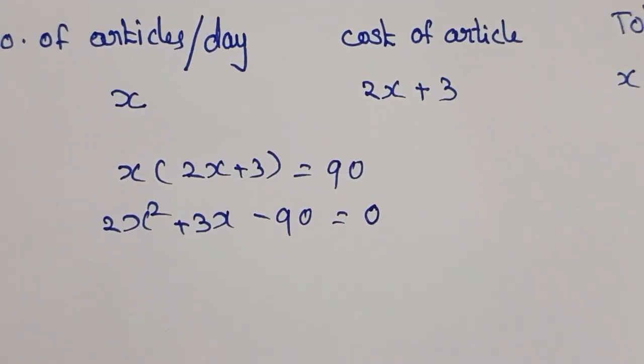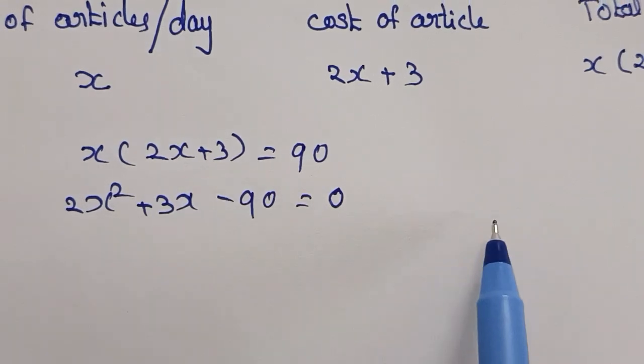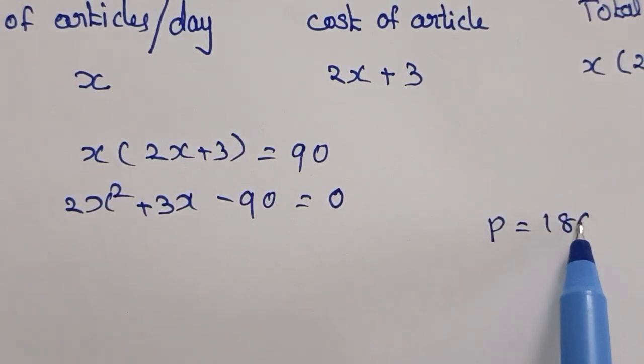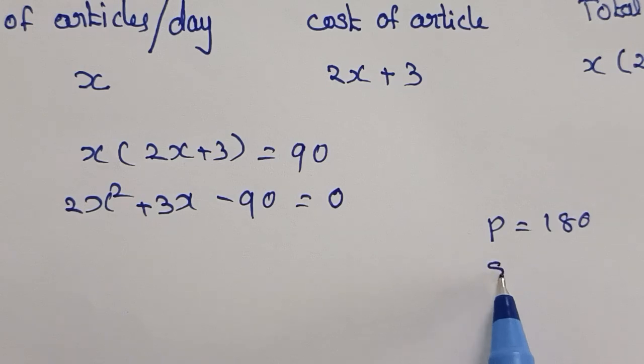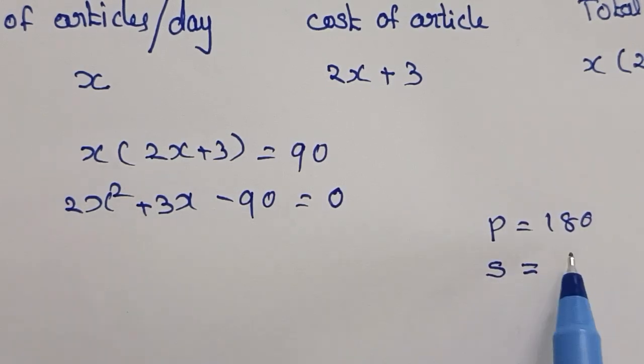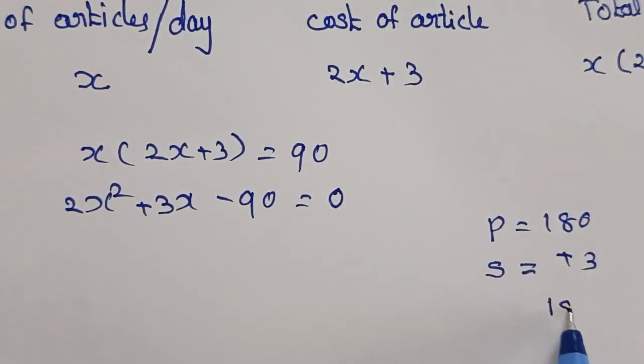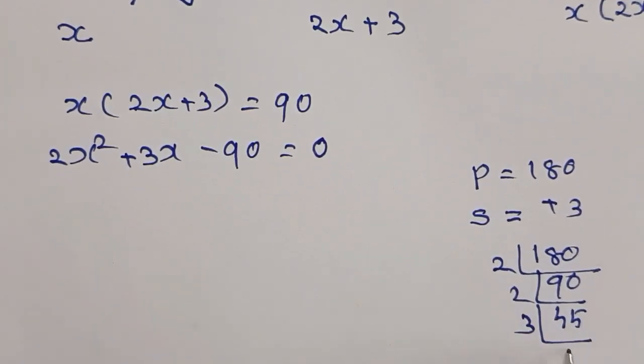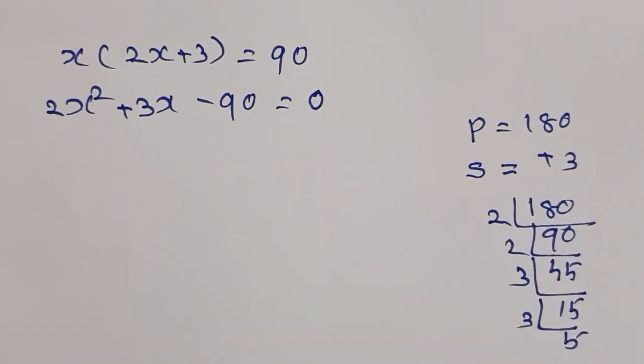Okay, after rearranging. Now the product of two numbers should be equal to 180, and here minus sign. After subtraction, we have to get plus 3. Factorizing 180: 2 into 90, 2 into 45, 3 into 15, 3 into 5.